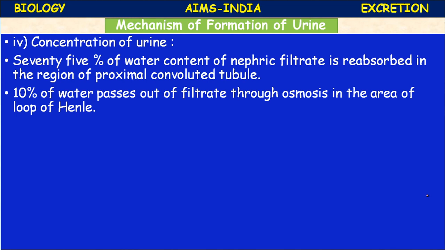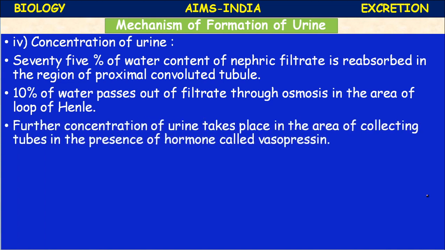In the loop of Henle also, 10% of water passes out of the filtrate by means of what is that? Osmosis. Further concentration of urine takes place in the area of the collecting tubes. Okay, the distal convoluted tubule opens into the collecting tube.